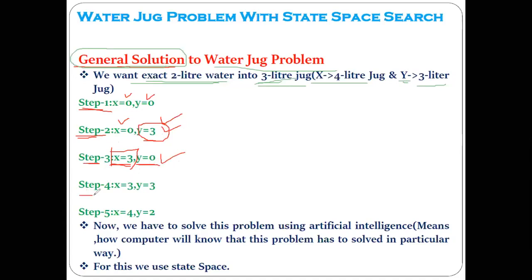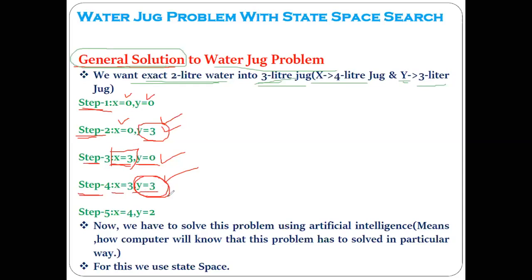Okay. Now in the fourth step, what have we done? See, again we have filled the second jug. You got the point? Yes, sir. In the fourth step, we have completely filled the second jug. And that's why in the fourth step, we have X equal to 3 and Y equal to 3.